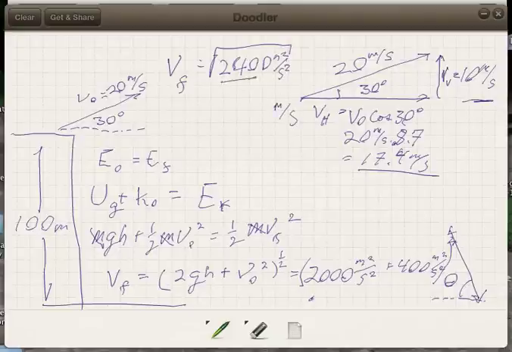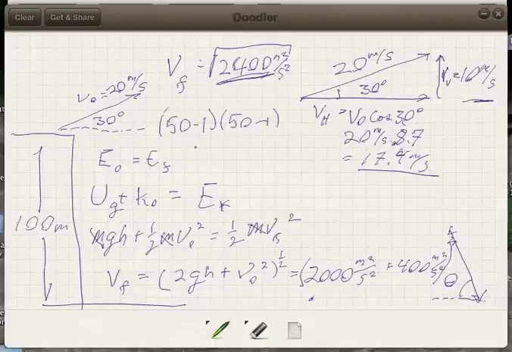But how about this number? Well, I wish it was 2,500 meters squared per second squared, because then it would simply be 50 meters per second. 50 squared is equal to 2,500, and we know it must be slightly less. So let's try 49 squared. What's 49 squared equal to? And this is how I'm going to write it. 50 minus 1 times 50 minus 1. What do you get?